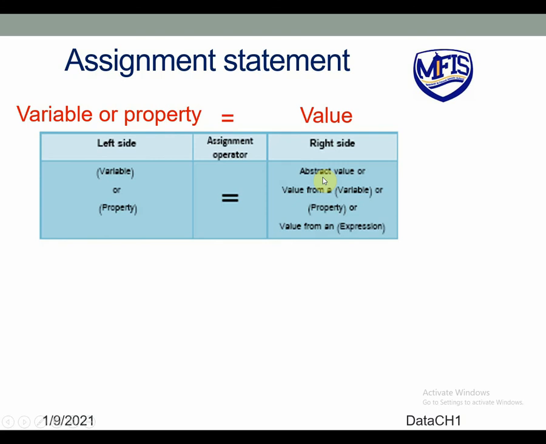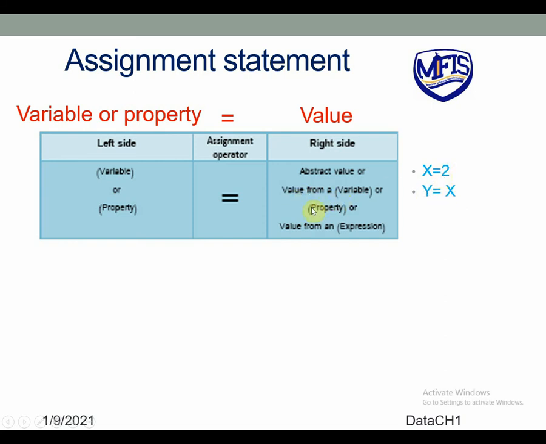The value could be abstract value, x equal 2, just it, abstract value, or a value from a variable, y equal x. This is another variable, and we said here that x equal 2, so y equal x, it means that y also is equal 2.